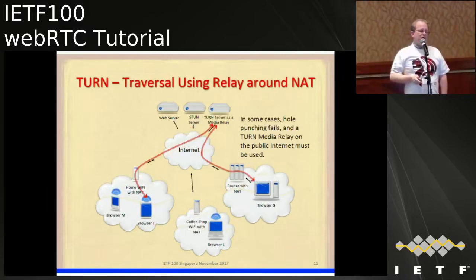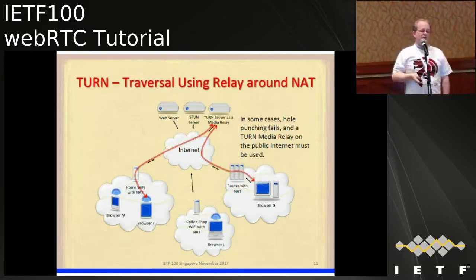Now, there's another protocol that's related when you're talking about ICE, and that's TURN. This is essentially a media relay. So this is the case where you've decided, oops, we actually do need to relay the media somewhere, hopefully not all the way to the US from here. But sometimes things just don't work peer-to-peer.